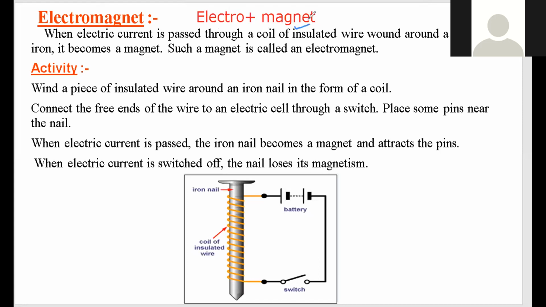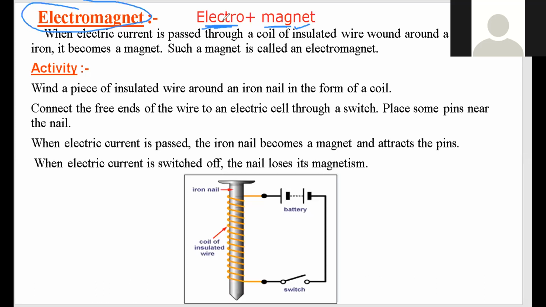Now what does it mean? Electromagnet is a type of magnet which behaves like a magnet only when electric current flows through it. That is the specialty of this electromagnet, right?